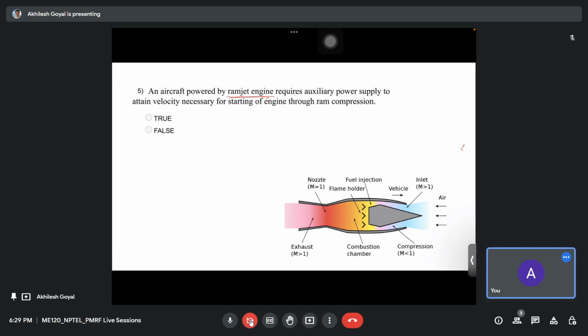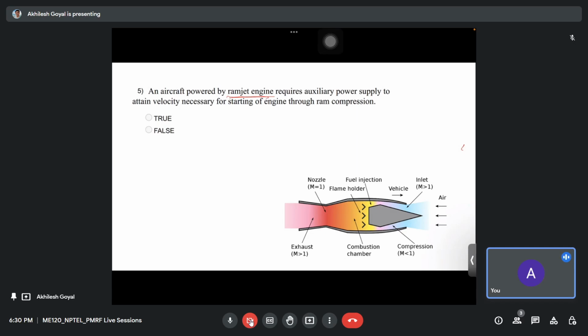The air comes through the inlet, and the compression action happens due to the ramming effect of the incoming air jet. So in the case of ramjet engines, there is no fan at the inlet. The compression basically occurs due to the ramming effect of the high velocity air.